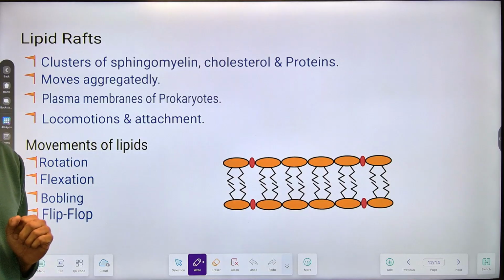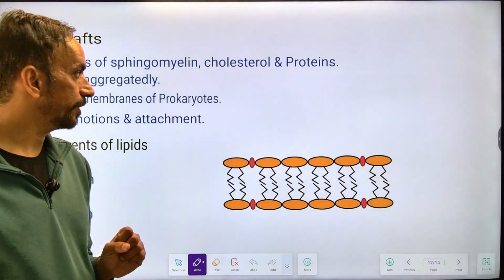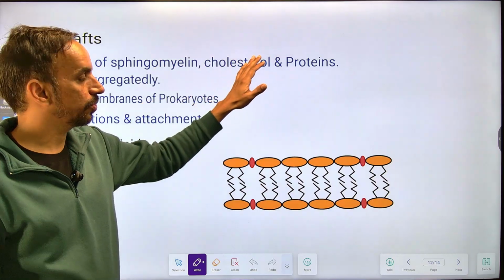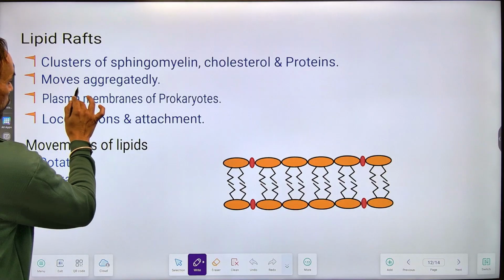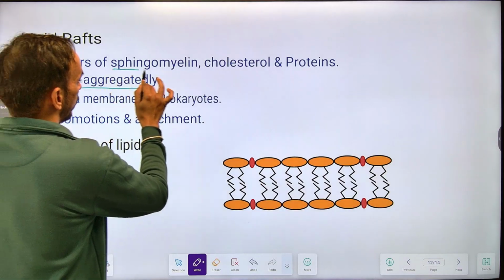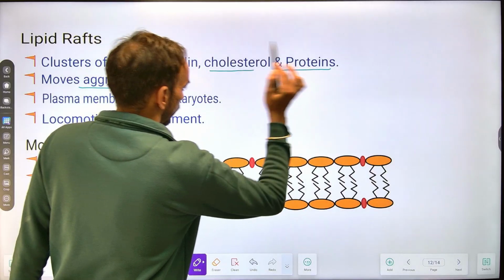Next is the lipid raft. Lipid rafts, these are the clusters of sphingomyelin, cholesterol and proteins that move in an aggregated form. वो aggregated form में movement करते हैं.